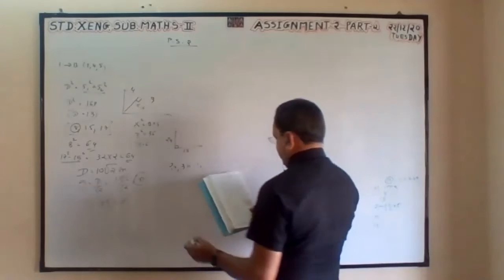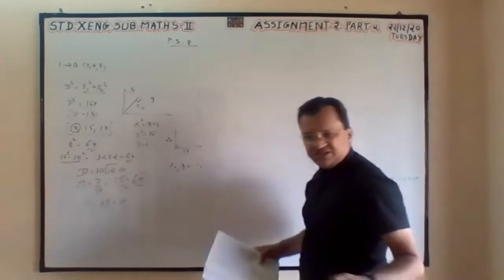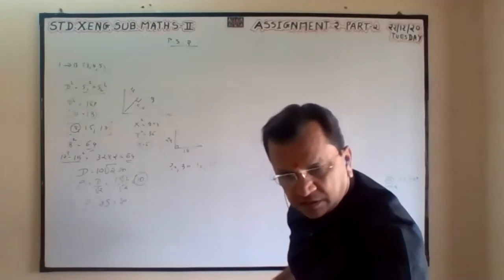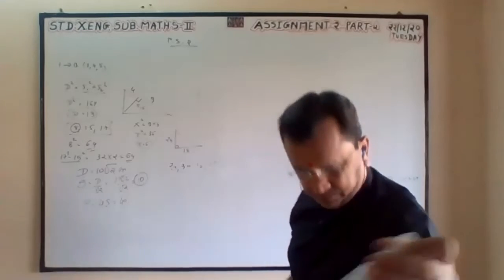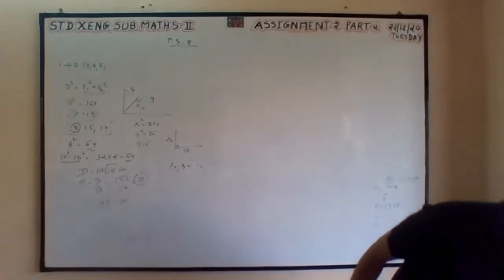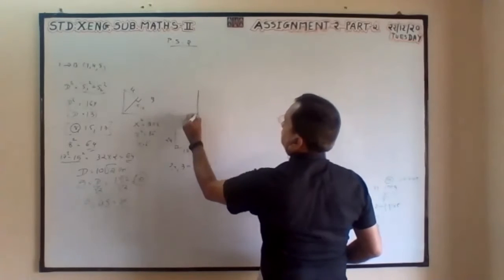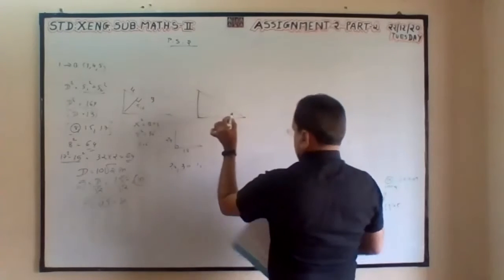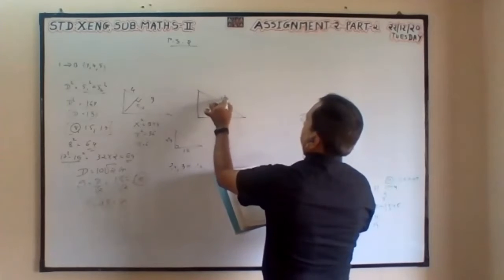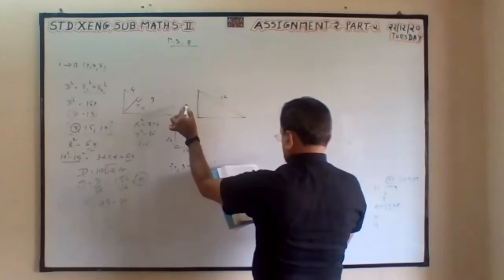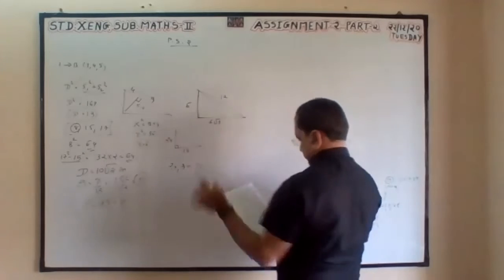Now in right angle triangle ABC, the highest side is 12, this is half, this is 6 root 3.